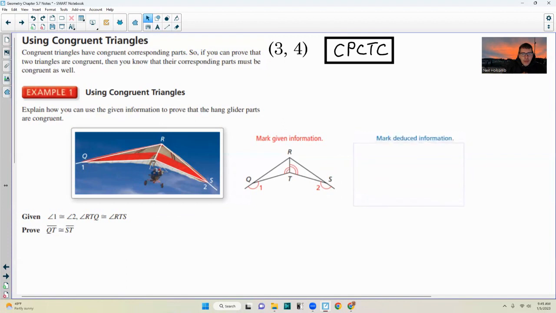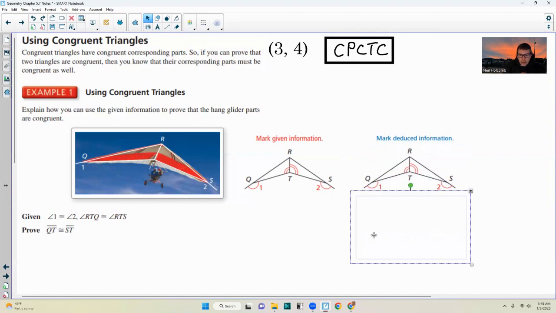Okay, so then you mark deduced information. What can we deduce from that? I just copied this over again and I'll mark it manually. Keep in mind, we're trying to prove the two triangles are congruent, because once we know the two triangles are congruent, every part in those two triangles that corresponds to the other triangle is congruent as well.